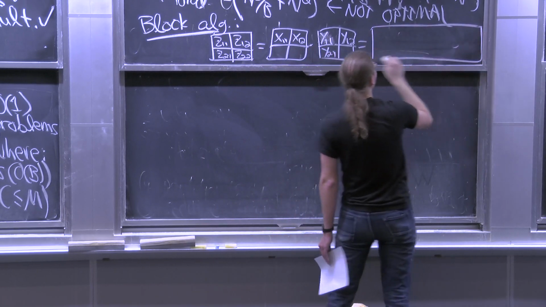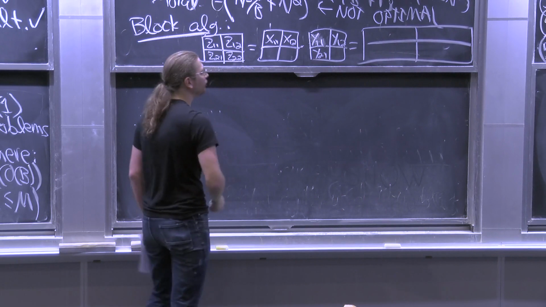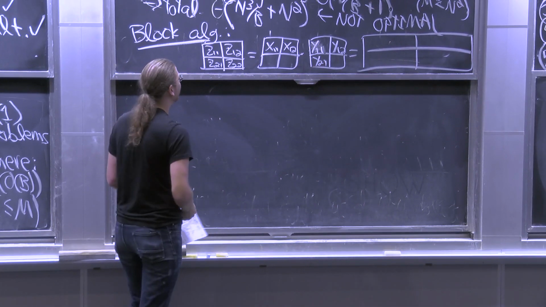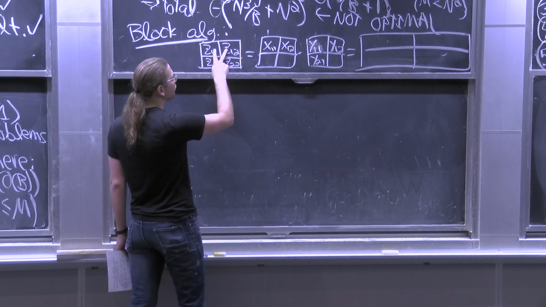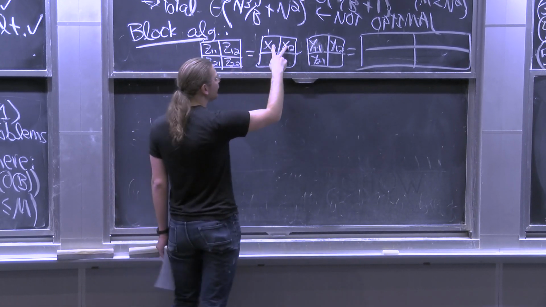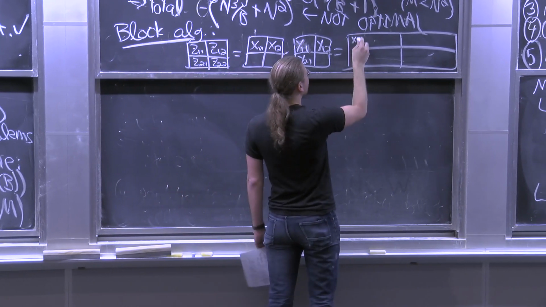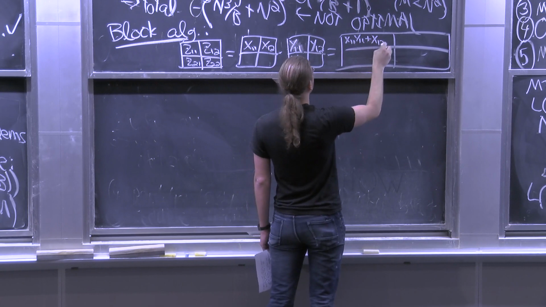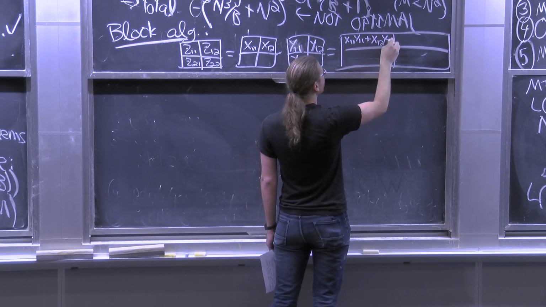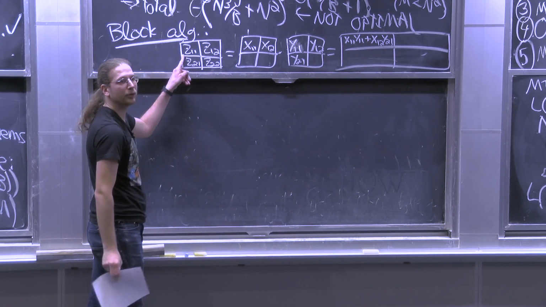I prefer not to do all of it, but let's do one of them. You can just think of these as 2 by 2 matrices, because matrix multiplication is associative and good things happen. I can just take these two elements, but they're actually matrices. Take these two and dot product with these two. And I get X11 Y11 plus X12 Y21. And that's what I should set Z11 to.